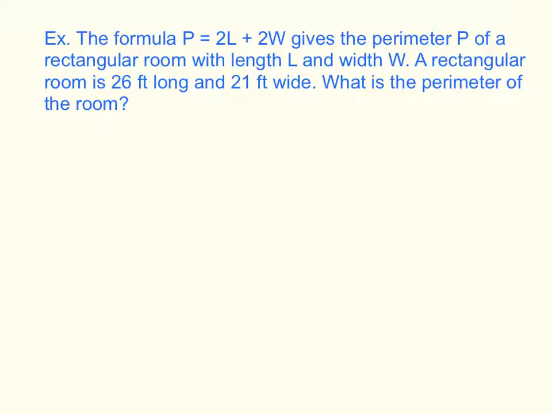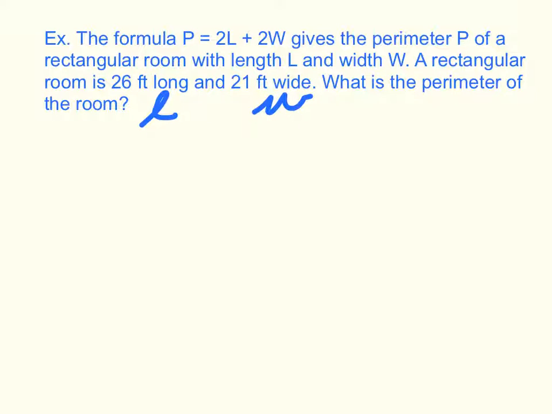So here again, the formula for perimeter is 2 times the length plus 2 times the width. It gives the perimeter P of a rectangular room with length L and width W. So here's where the actual problem is. A rectangular room is 26 feet long and 21 feet wide. We see those words and we automatically think length and width.